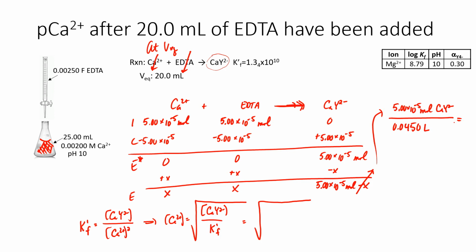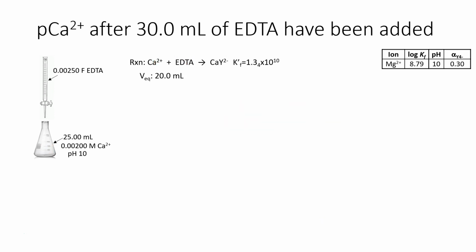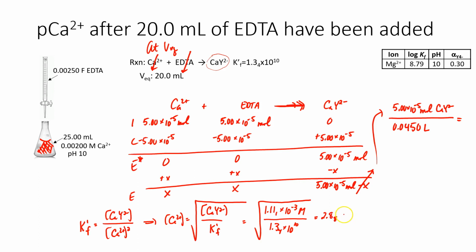And that gives a concentration of 1.11 times 10 to the negative third molar, dividing by K primed of F, and taking the square root gives 2.88 times 10 to the negative seventh molar, and that is calcium. Look how small that is. And taking the negative log would give you 6.54.